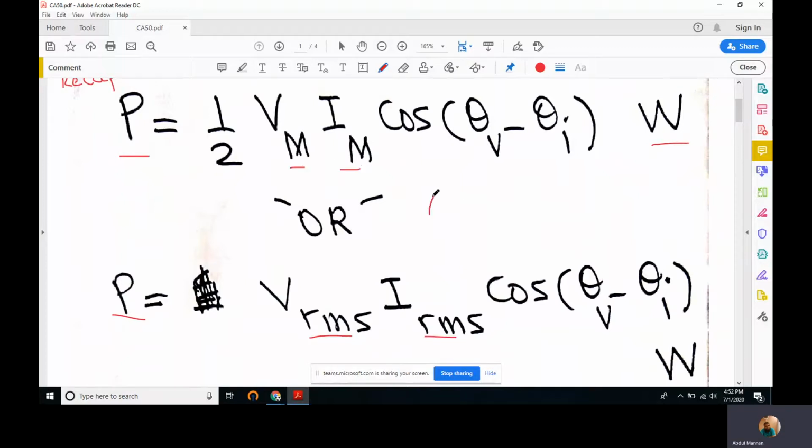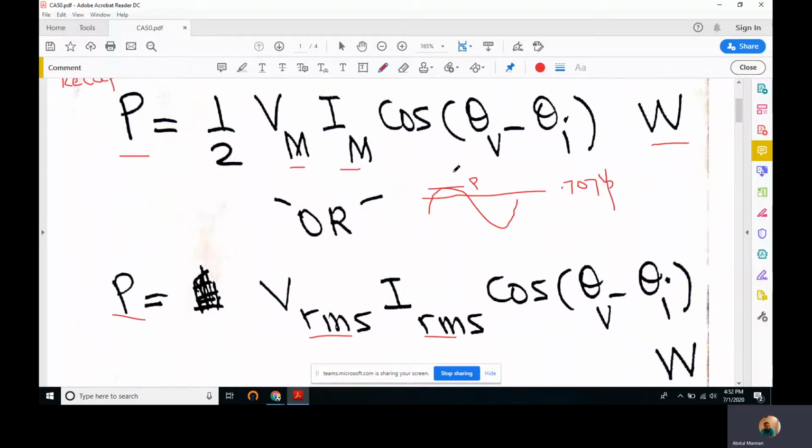And I have mentioned in one of my previous lectures, the difference between the RMS and peak quantity is that for a sinusoidal signal, this is the peak, positive or negative, and for sinusoidal signals, we have derived its RMS to be 0.707 times peak or V peak.